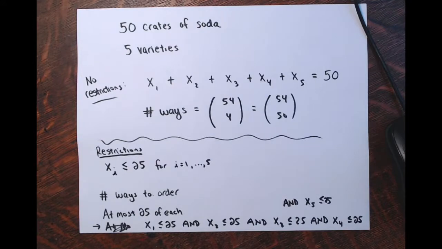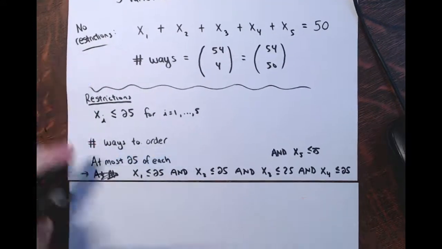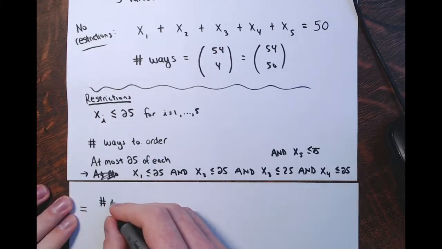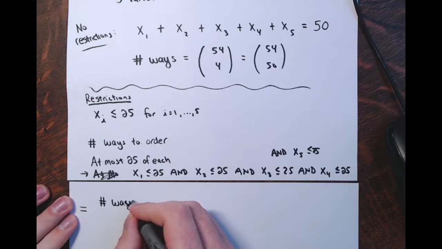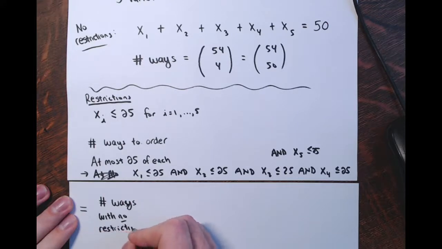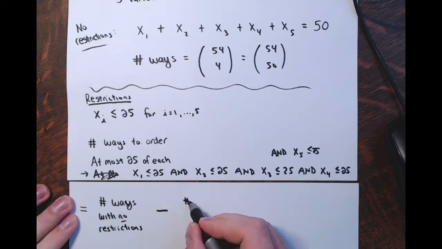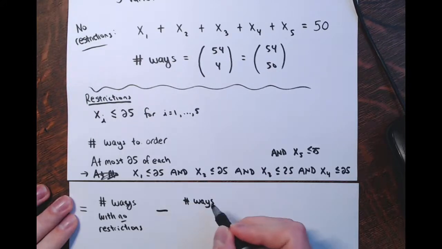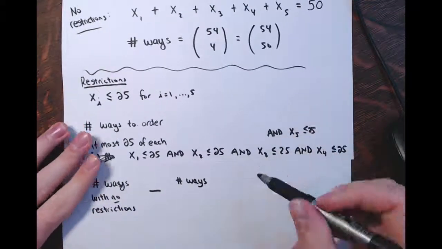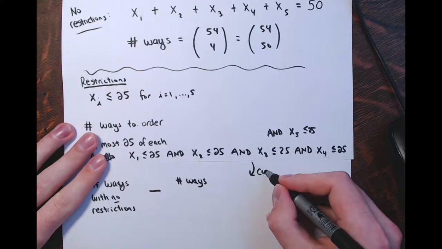I would like to do this by complement instead. So this would be equal to the number of ways without restrictions, the total number of possible ways to order the 50 crates, minus the number of ways to order these 50 crates that's the opposite of this. Do the complement.